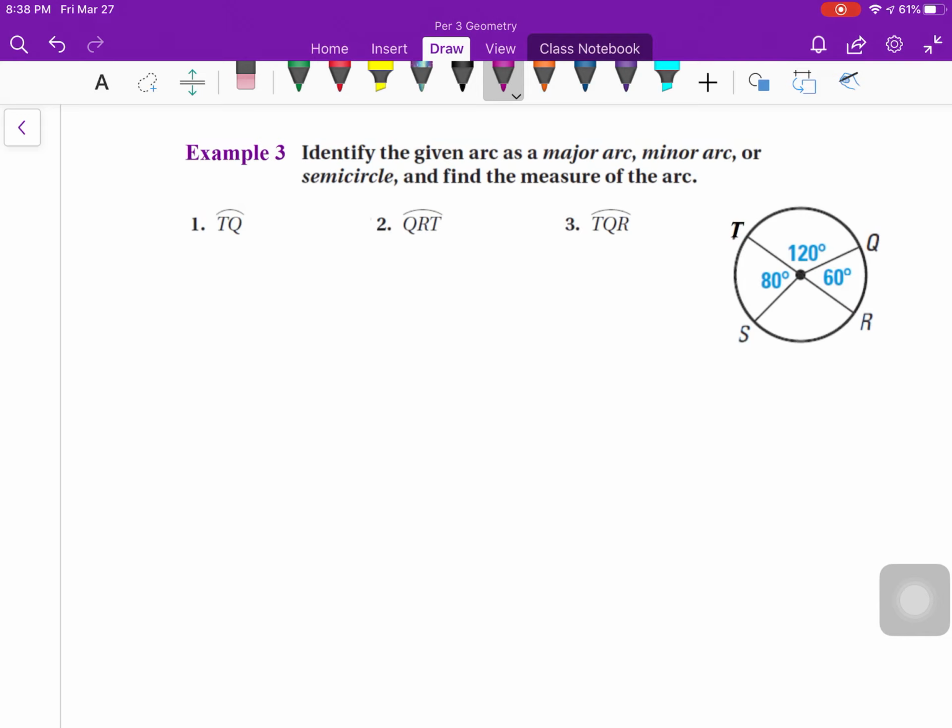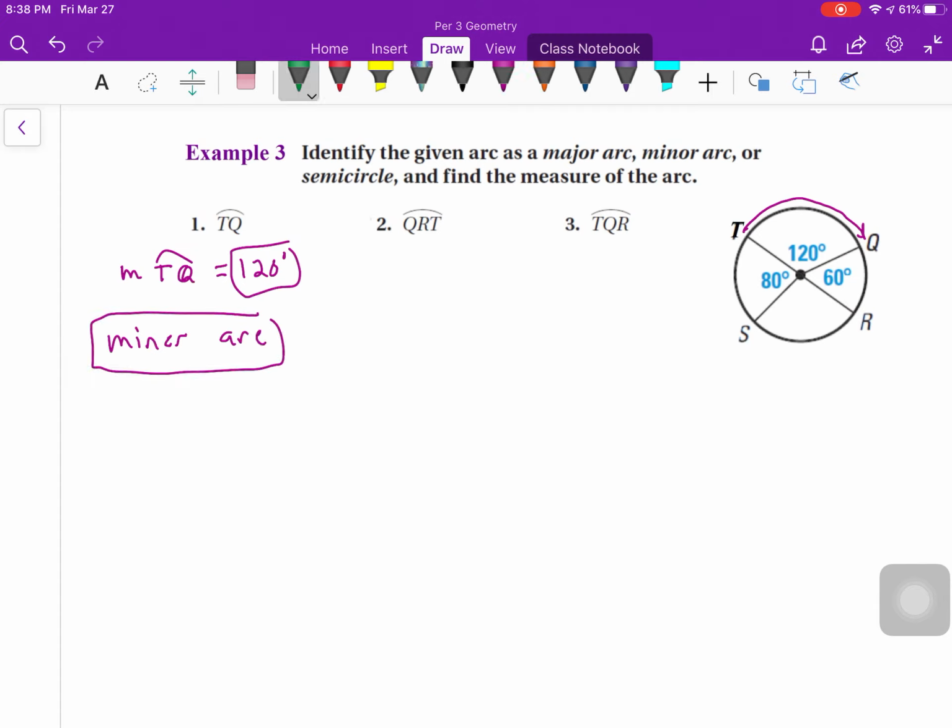We're supposed to identify these arcs as major arcs, minor arcs, or semicircles and find their measure. The arc that goes from T to Q. Well, the central angle is 120, so the measure of the arc from T to Q would be 120 degrees, which would make it a minor arc.